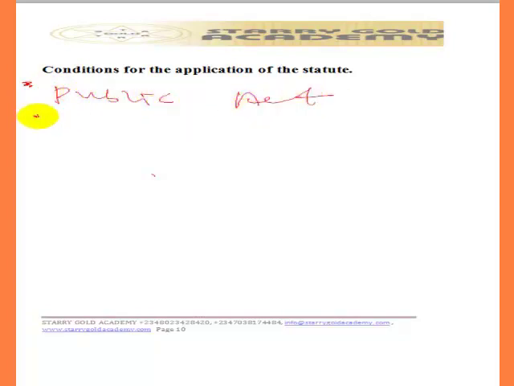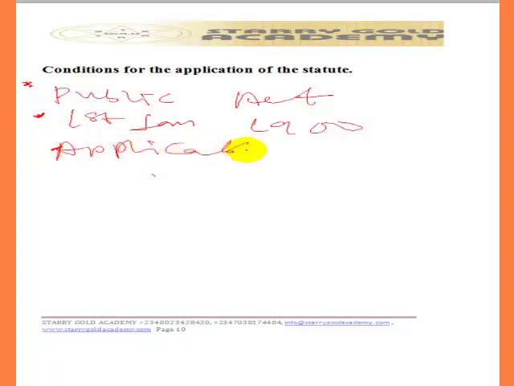Also, it must be in force at the relevant day, that is 1st day of January. So on or before this day, it must have been in existence. It must also be applicable subject to local circumstances. That means that a court in England must have been applying it to settle issues.